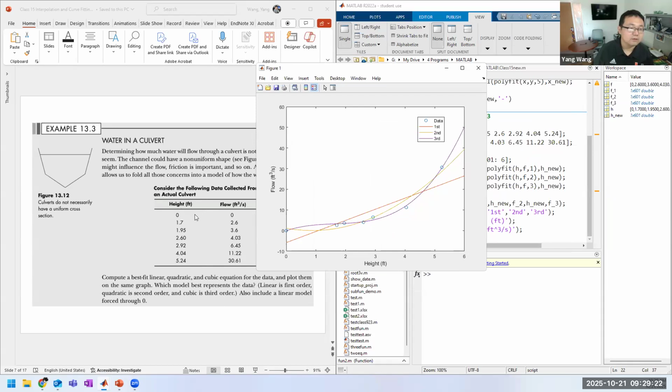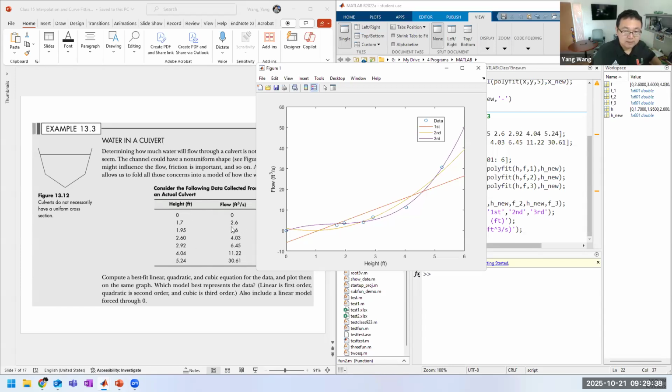Well, the A is going to be a bunch of ones because those are the constants, and then the B are the coefficients in front of the height.